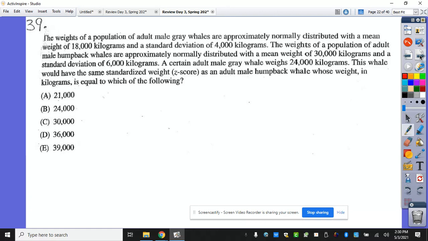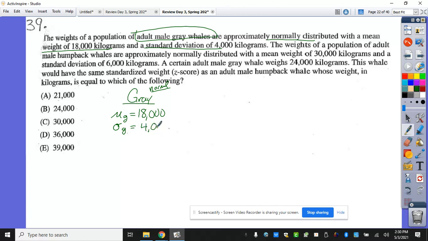The weights of a population of adult male gray whales. So I've got the approximately normal. Here's my mean. Here's my standard deviation. So gray is approximately normal with a mu of 18,000 and a standard deviation of 4,000.